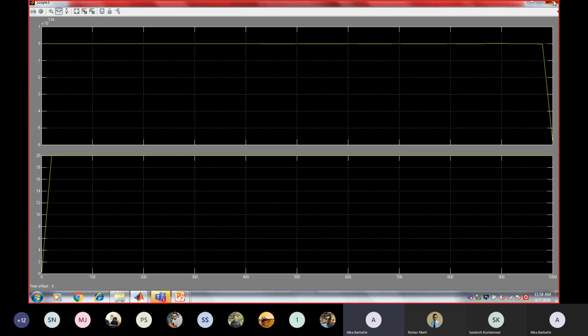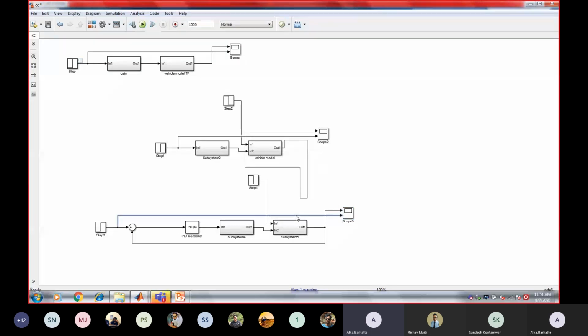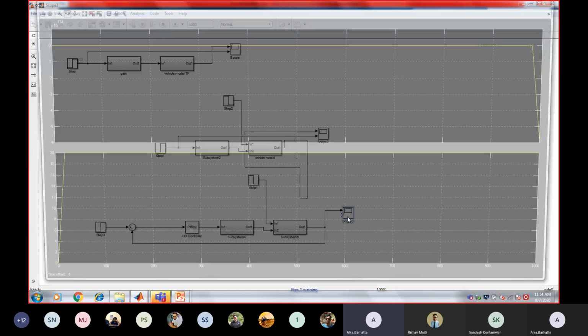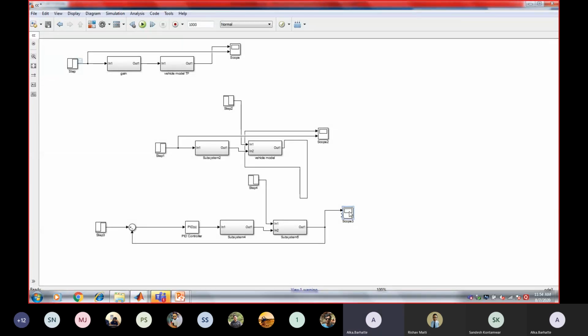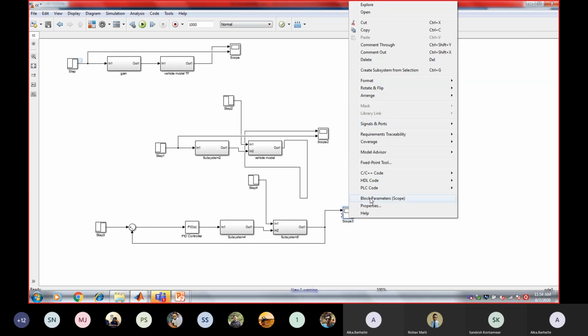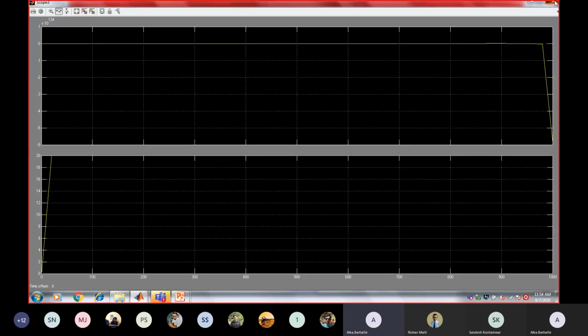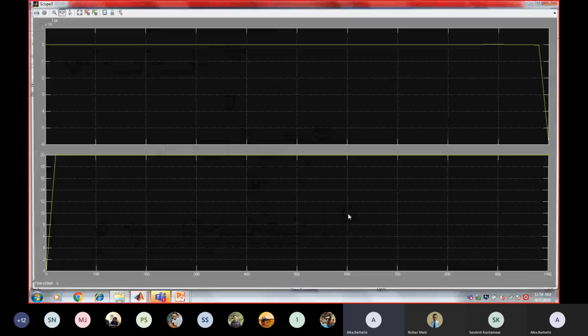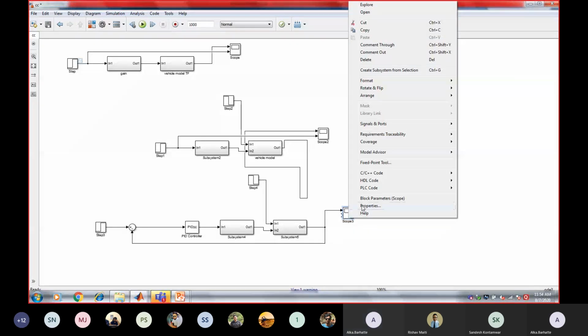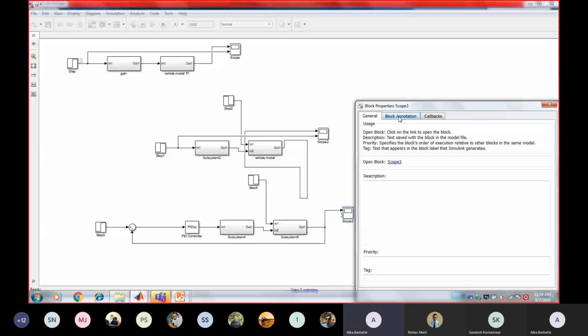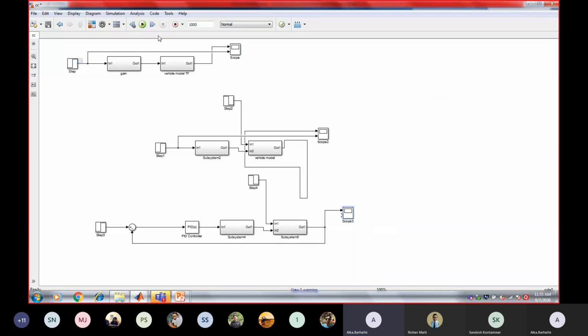Okay, I will just remove that input so that we'll come to know which one is... Okay, I'll run this one.